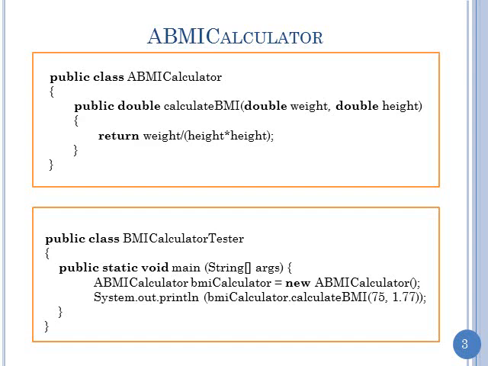Yeah, because there's not a value for weight and height. So here I instantiate a BMI calculator, and then what am I doing? What is the first line saying? Create an instance of the class. That's what the right-hand part, the new BMI calculator, says.